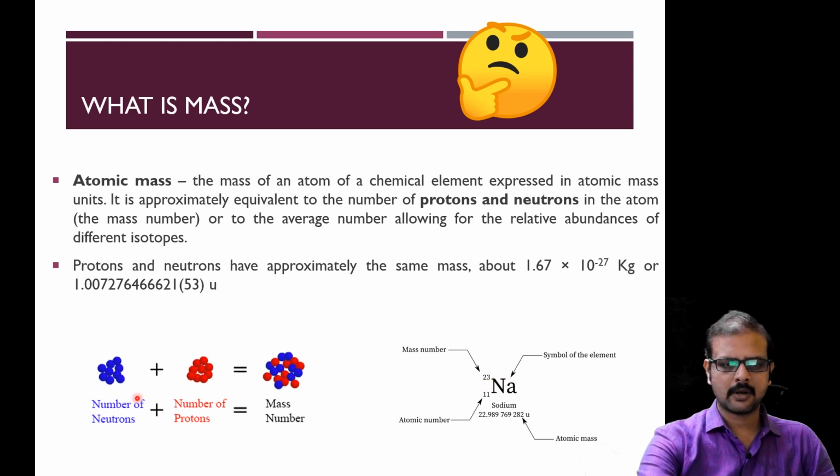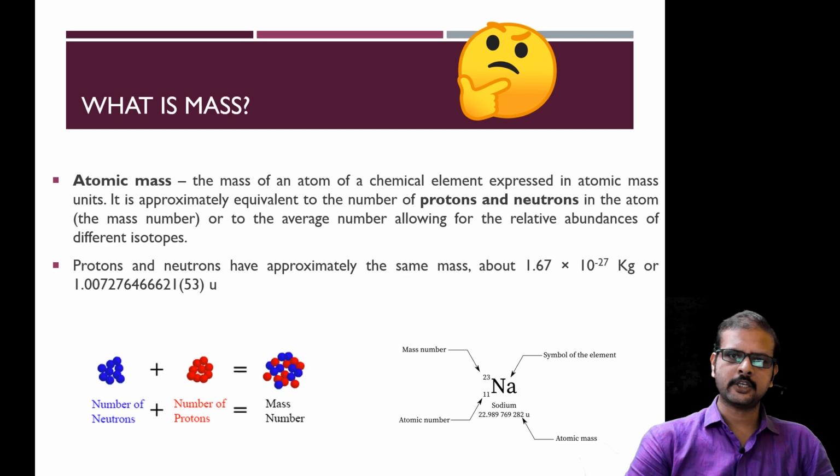It is the number of neutrons and number of protons, collectively called the mass number, in which 11 are protons and the remaining are neutrons. But the mass of the atom is slightly different from the mass number. It is almost equal to the mass number, but very slightly different because of a small fraction of a unit. So the mass number and atomic mass are almost equal.